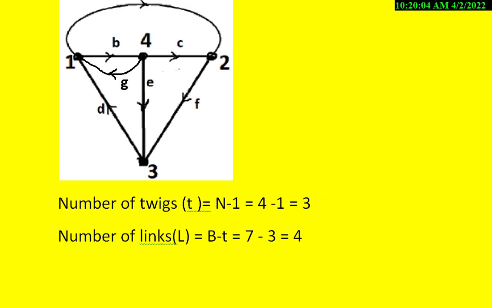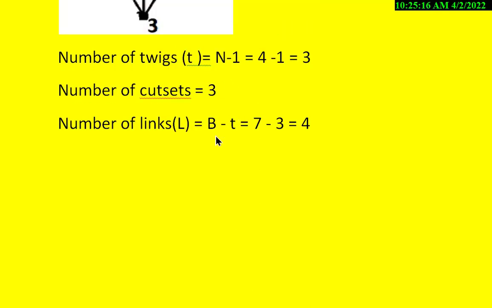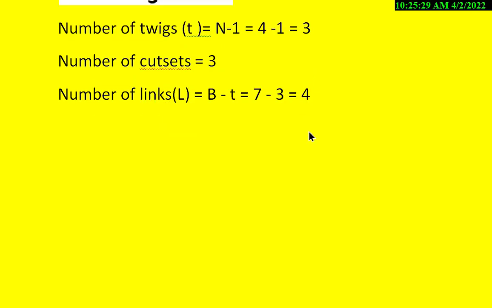The number of twigs will indicate the number of cut sets that can be formed for this graph. So the number of links is given by total branches minus total twigs. Total number of branches is 7, and the twigs are n minus 1, that is 3. So we get 7 minus 3 is equal to 4.